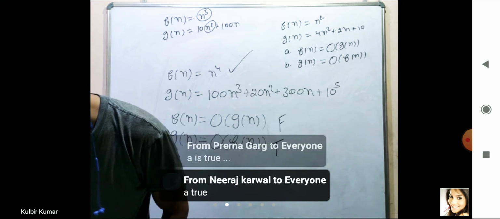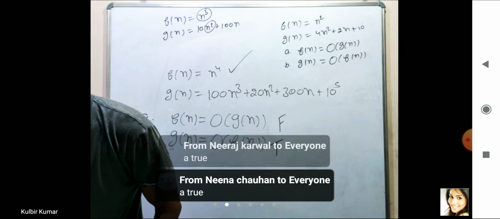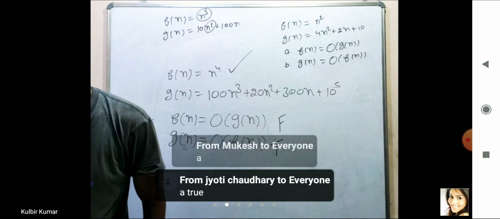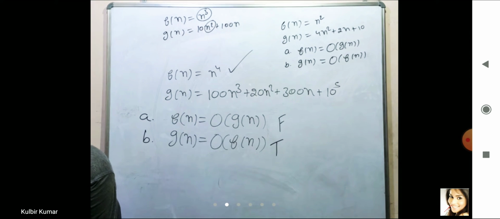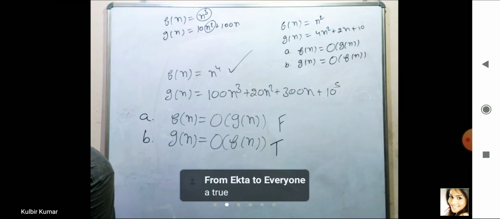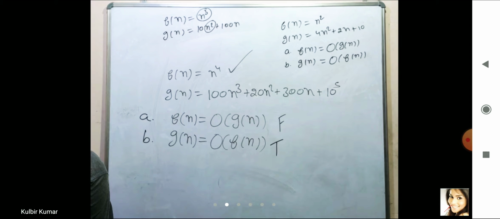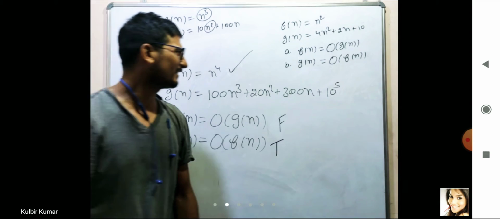A correct, A true. And what about B? B के केस में सबको सांप सूंघ गया. Okay, think about it.